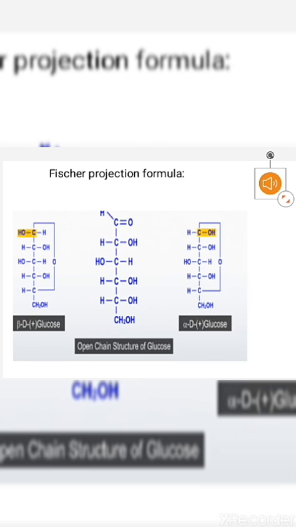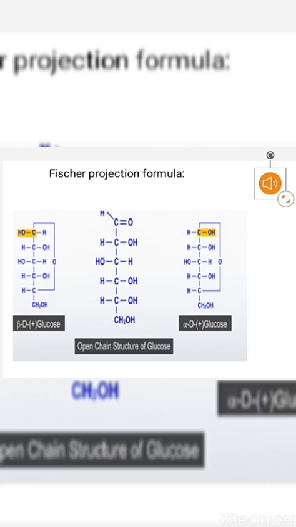Why alpha and beta forms? Since the glucose molecule has one configuration, either dextro or laevo, but when it comes in cyclic form, there is a change in configuration at the first position only. At the first position, H may be on the left side and OH on the right side, or vice versa.